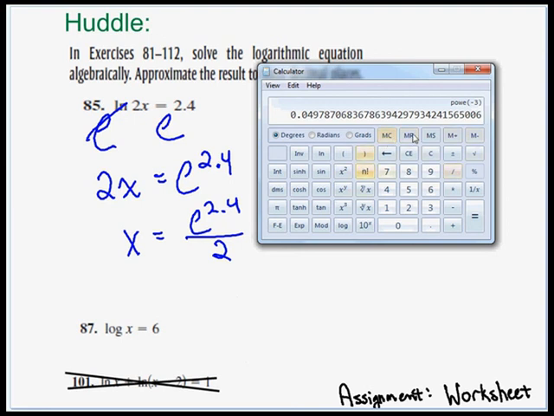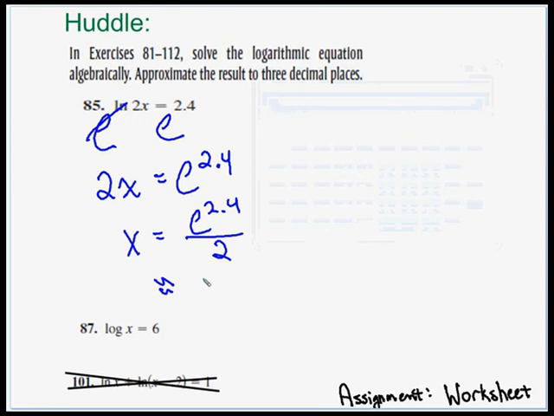So let's clear this out. 2.4, and we're going to inverse. That's our e to the x, so there's our e to the 2.4 power. And then we're going to divide that answer by 2. And we get 5.512.